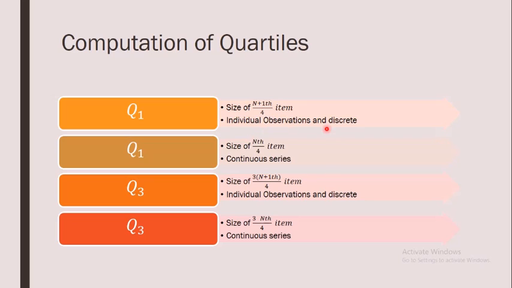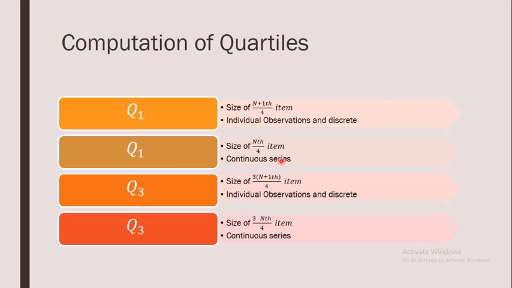In the case of discrete or individual observations, this formula can be used. It gives you the position of Q1, not the exact value, but where Q1 lies.